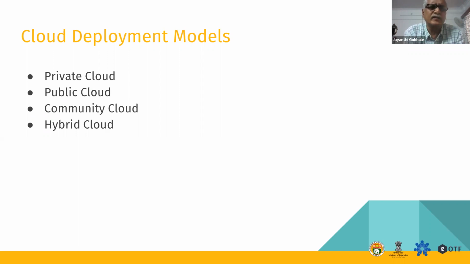Let's say I've got a community of SMEs of a particular type, and a bunch of applications are created suiting all this community of users. So you can have a community cloud, which is typically used by all this community of users. And as the name goes, the hybrid cloud is an amalgamation or a mixture of all these types of deployments.